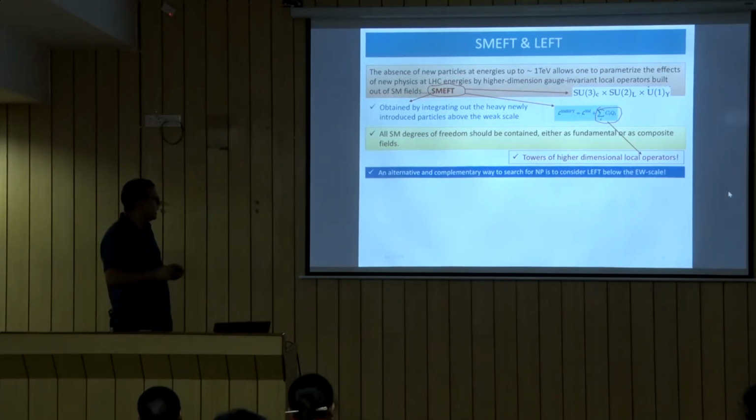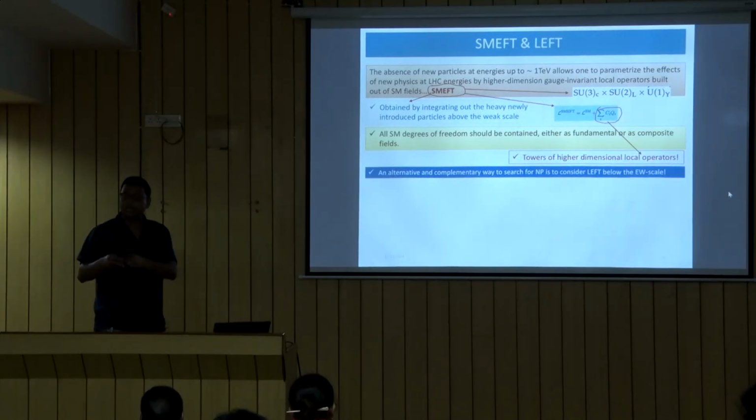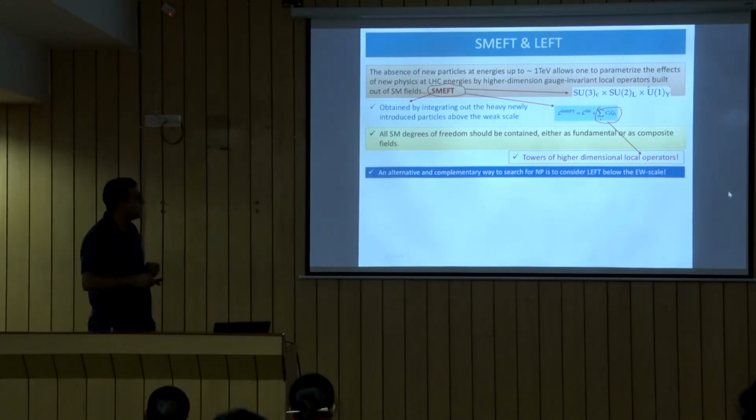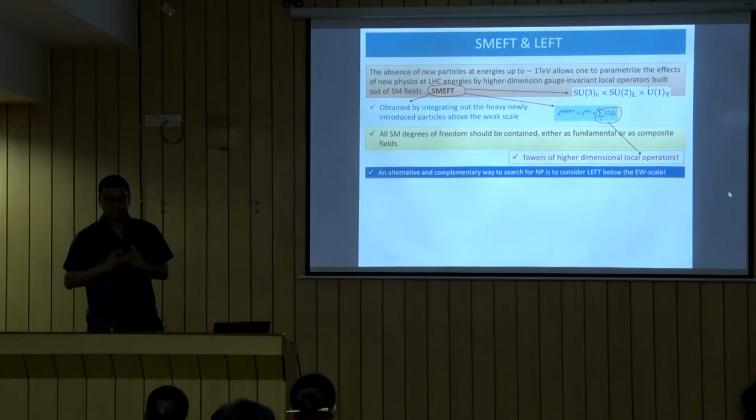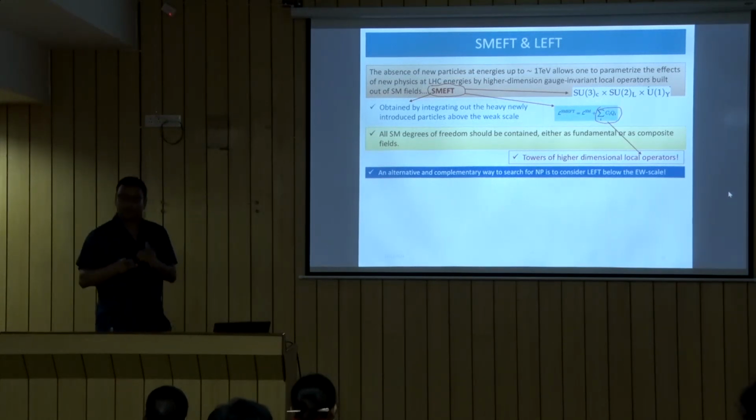Okay. So, the operators here will be written below the electroweak scale. That means you are removing a few particles from your list, right. You will be removing W, Z, Higgs and top. Okay. The rest will be there.